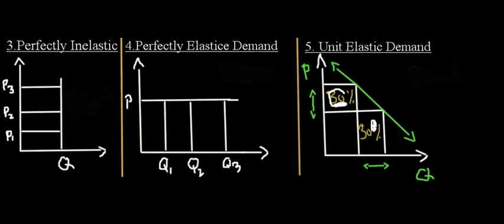This situation happens where a company sets its pricing strategy very carefully, because a slight change in prices, whether an increase or decrease, will change the quantity demanded in the same proportion.